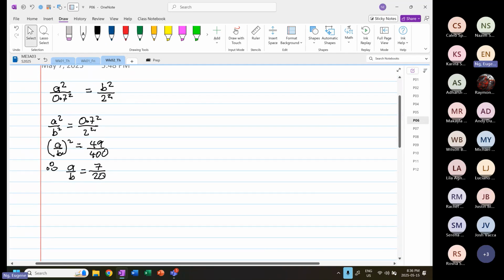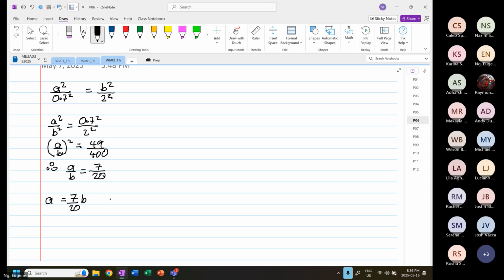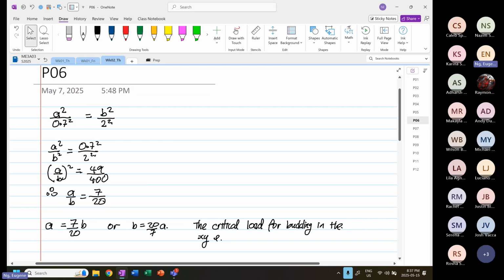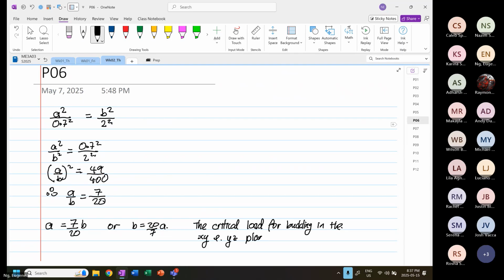So basically A is equal to 7 over 20 B, or B is equal to 20 over 7 A. At this ratio, the critical load, or buckling, in the XY plane and the other plane (I could not remember which) are the same.